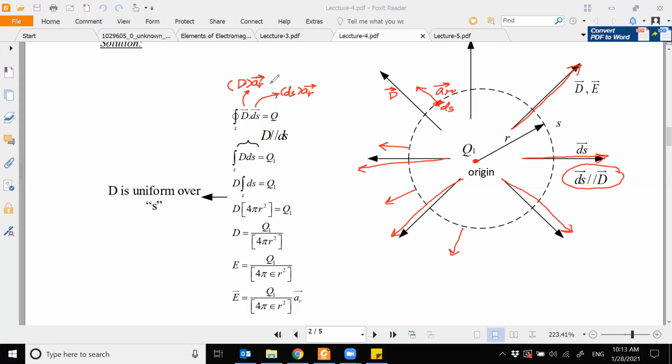So this dot product will simply become D multiplied by dS, and it is equal to the charge enclosed. What is the charge enclosed? Q1. So the closed surface integral D bar dot dS bar equal to the charge enclosed has been simplified to a scalar. You do not have a vector.